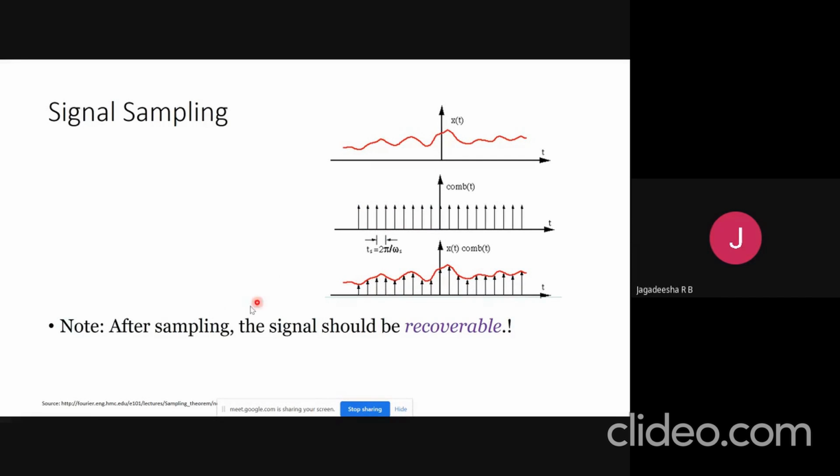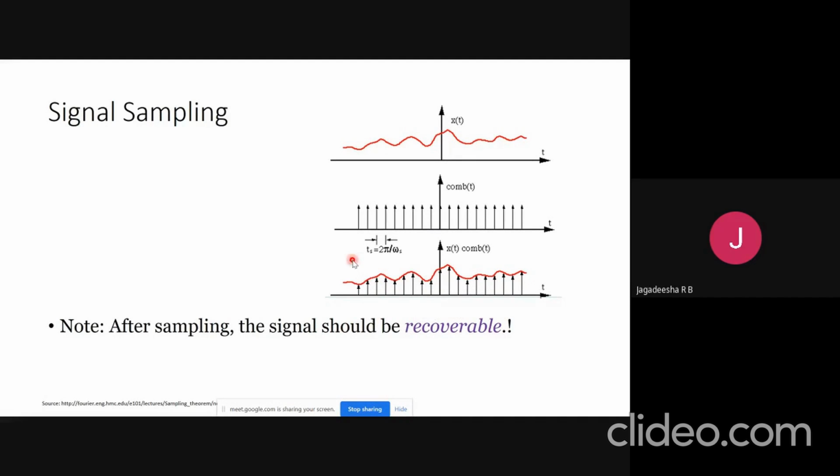So here, after sampling, the signal should be recoverable. That means you want to transmit the analog signal as a digital signal. First you do the sampling, but when you want to reproduce the signal, that should be possible. So we need to do the sampling in this way, by considering the final objective as recovering the signal.